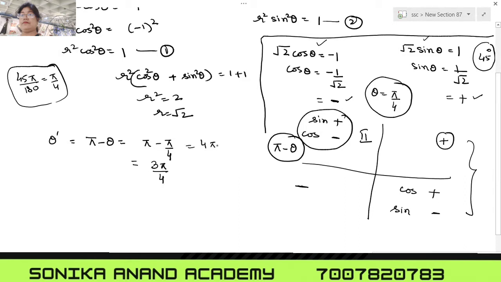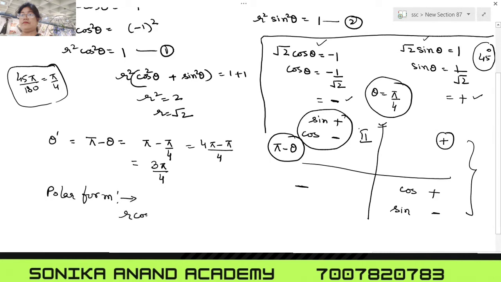Please read, listen to the lectures, because this quadrant is very helpful in finding different answers. So polar form. What's the polar form?